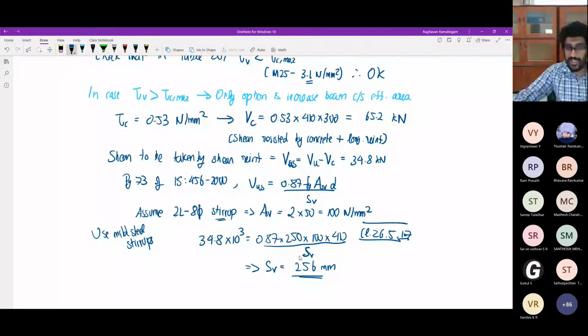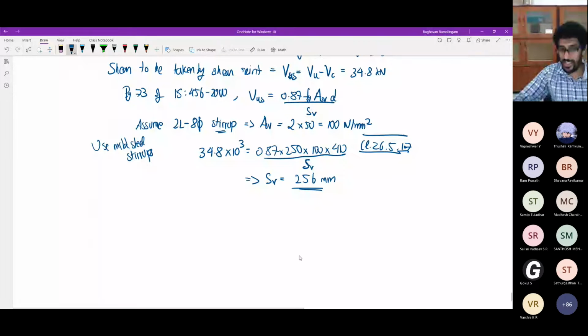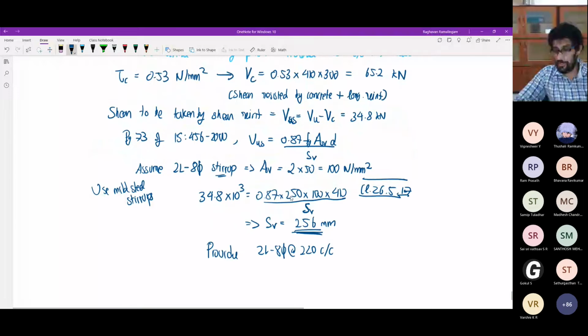And so just to repeat, if you are wondering why I suddenly changed from a HYSD 500 bar to a 250 mm bar, only for the stirrup. I did not change it for the longitudinal reinforcement. Longitudinal reinforcement is still 500. Only for stirrups alone, I decided to give mild steel bars, because if I give a 500 fy bar, then I got a very large spacing which is required.